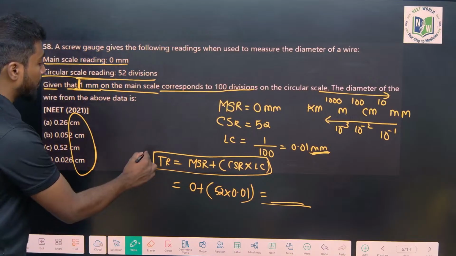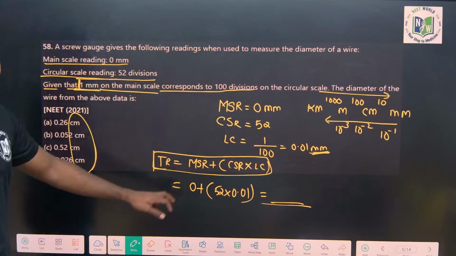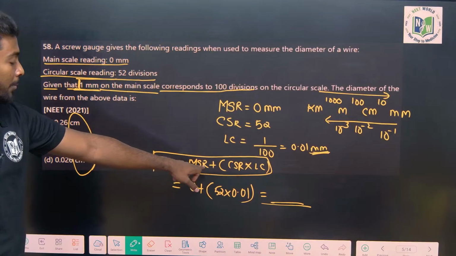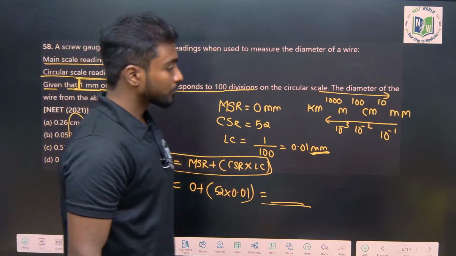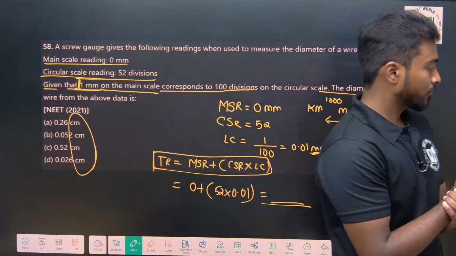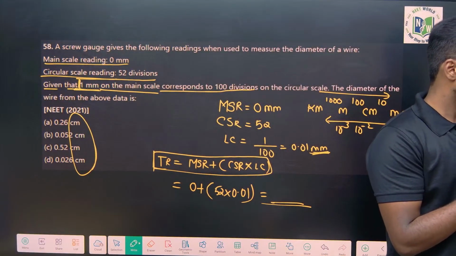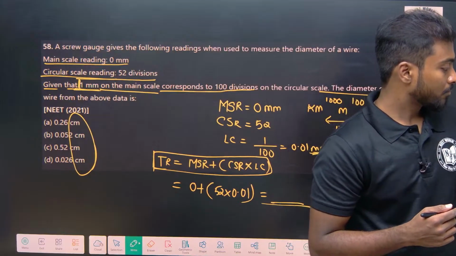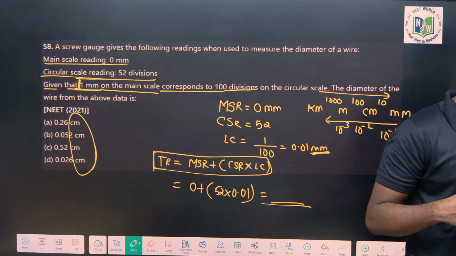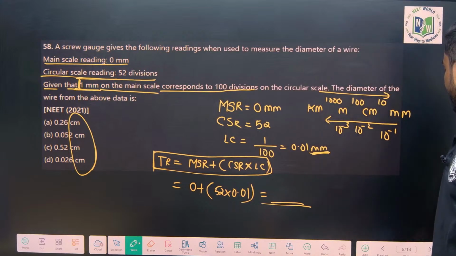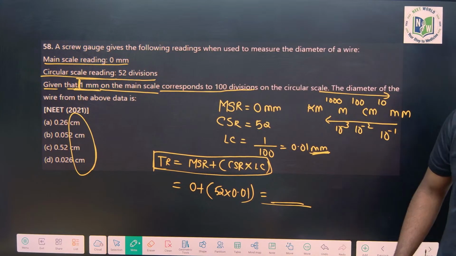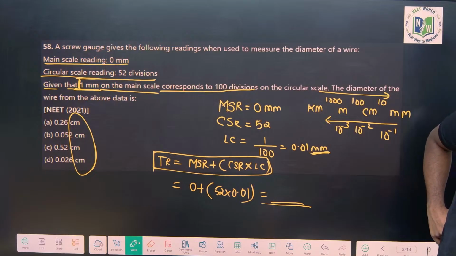So this is the formula for total reading: main scale reading plus CSR into least count. Okay. We'll go for the next question. Completed, no? You got the answer properly?